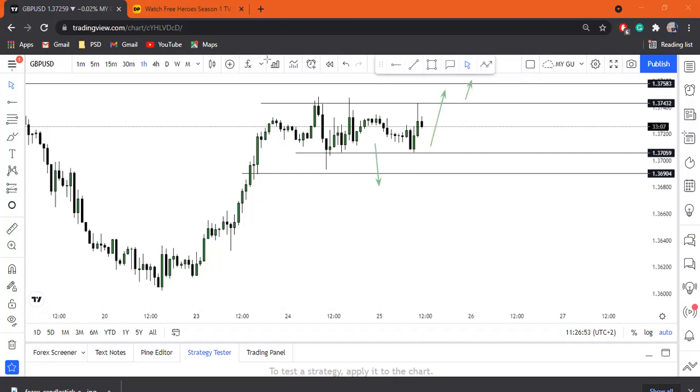If it's going to break out at the bottom, it needs to do a fake out above for it to successfully break out at the bottom. Price needs to take out stop losses. It needs to make people open orders in the wrong direction before it can go into the direction that it needs to go. So that's something that you need to watch out for when you're trading ranges, or when you're looking out for fake outs.